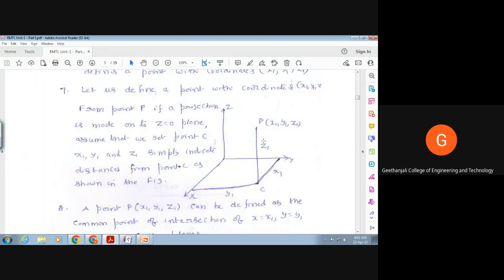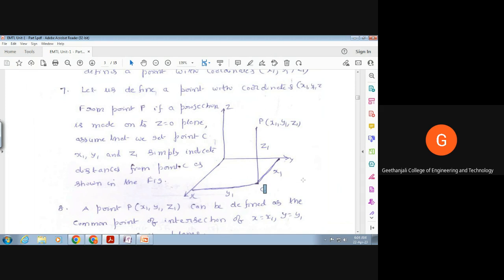From that point, if I drop a perpendicular onto the bottom plane, z is equal to 0 plane, let us say the projected point is C. X1 is the distance along the x-axis, y1 is the distance along the y-axis, and z1 is the distance along the z-axis from this projected point C. So this is how a point can be defined in the simplest way. Basically x1, y1, z1 indicate distances along the x-axis, y-axis, and z-axis respectively from the projected point C.